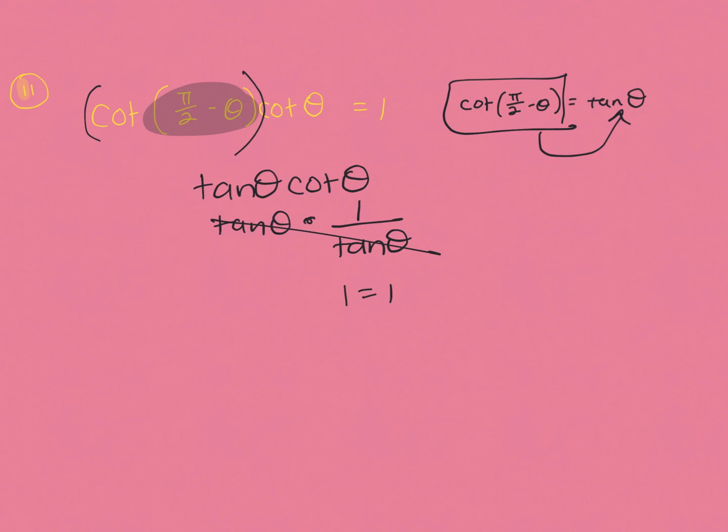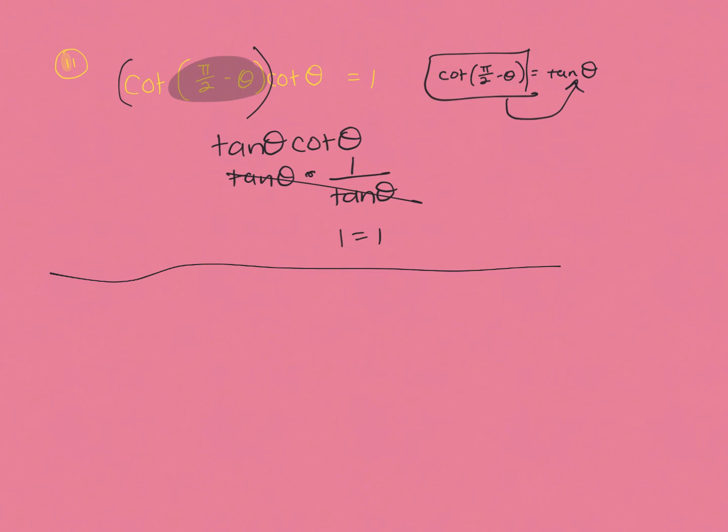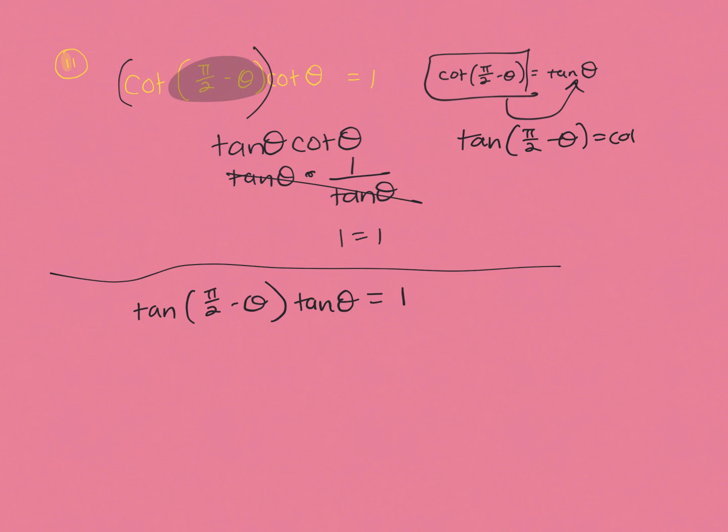So who has something other than cotangent for that? Give me what you got. Tangent. And then this one says tan here. Again, if it's reversed, tan of pi over 2 minus theta equals cotangent theta.